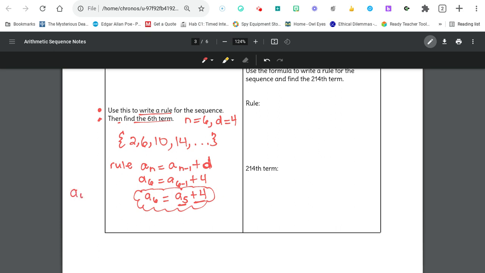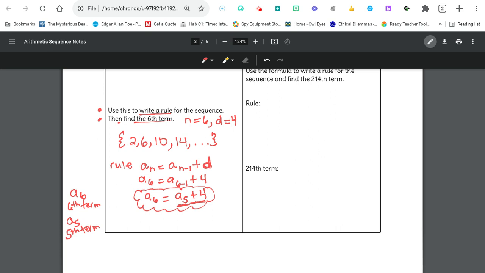This means the sixth term, and this means the fifth term. So the rule to find the sixth term in this sequence is to take the fifth term and add 4. Now we find the sixth term by applying the rule.